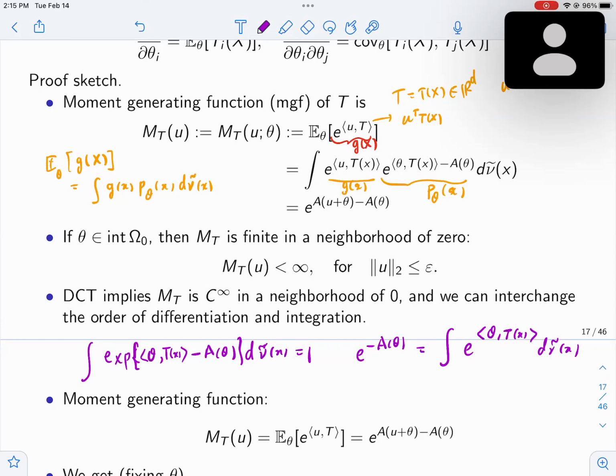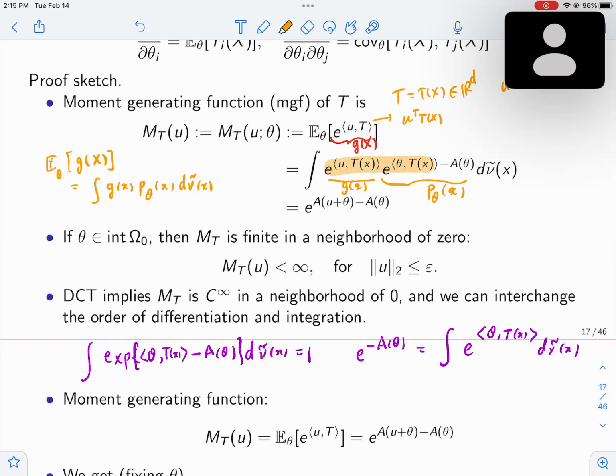Okay, so for this integral, e to the negative a theta comes out because it's constant, and then the rest is e to the u plus theta inner product t of x, right? So if you can do the calculation in your head, combine these two, get e to the u plus theta inner product with t of x, and then the rest comes out.